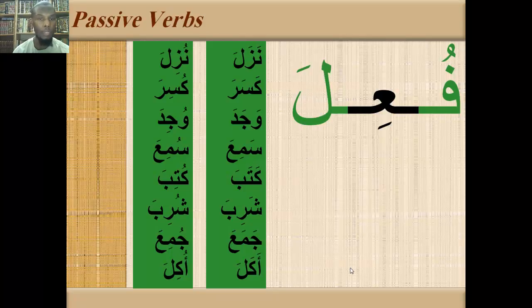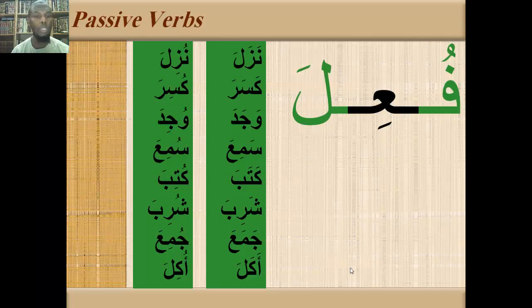Ukila, it was eaten. Now, instead of having an actual doer, you will still have a subject, but the object will become the doer. So I say, for example, kusira al-qalam, the pen was broken. I don't say who broke the pen.